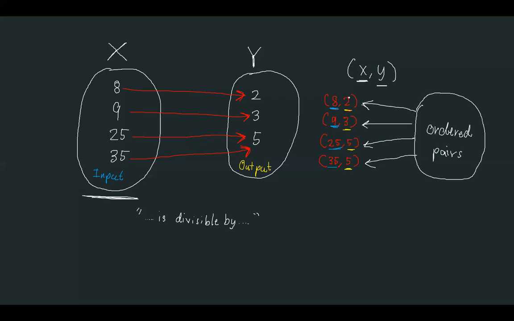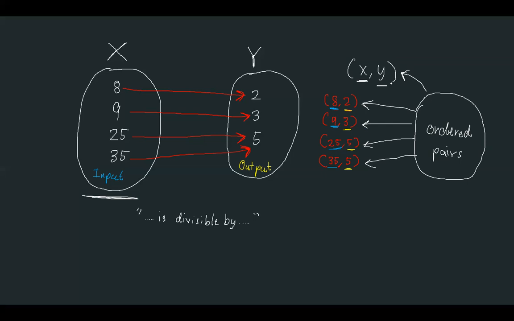If you ever see this format, for example 8, comma, 2, with a parenthesis outside, that format is called an ordered pair. Two elements, between them there is a comma, and outside them there is a parenthesis.